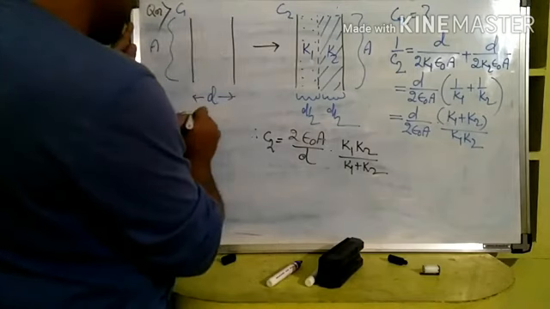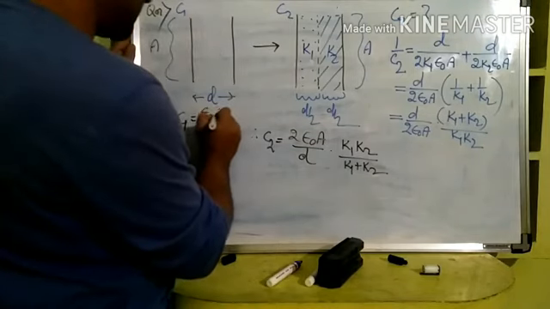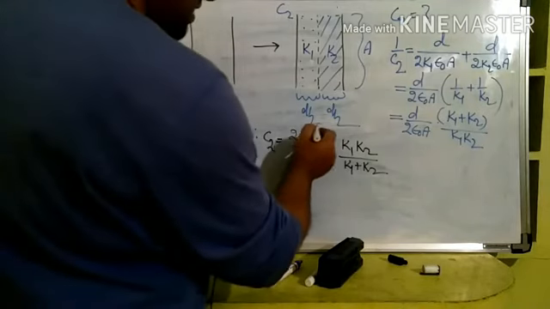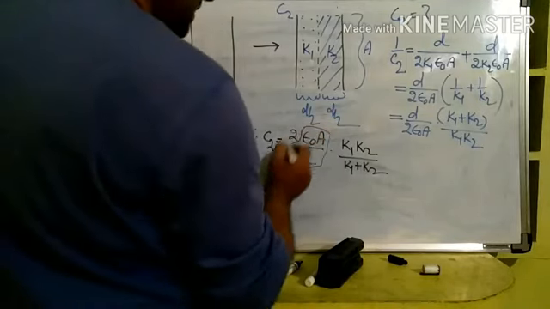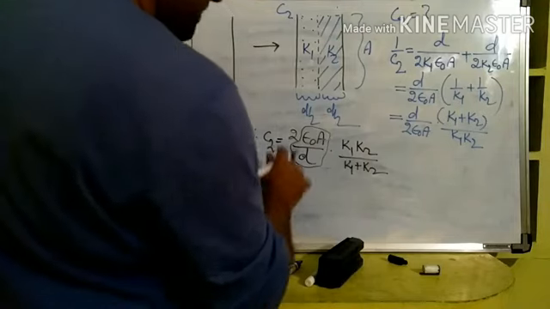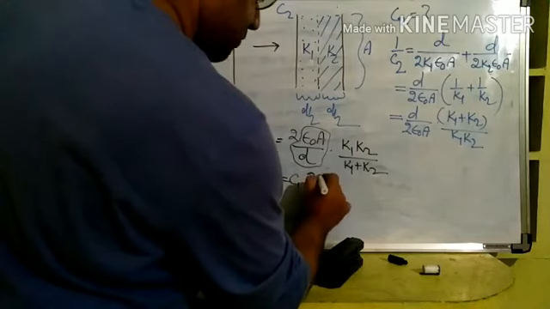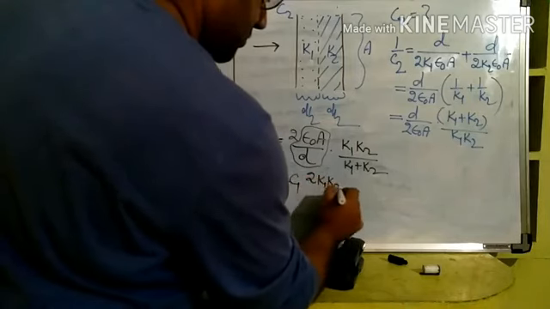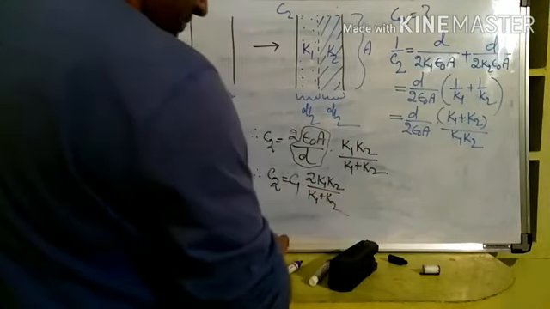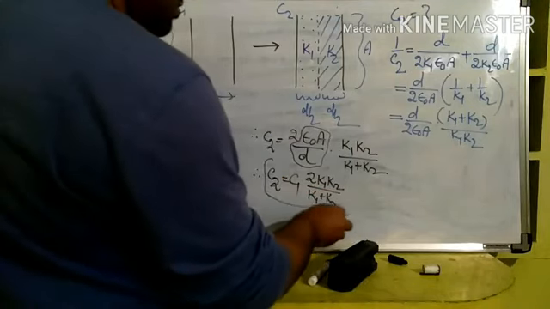C1 is simply epsilon naught A by D. This we know already, right? So for epsilon naught A by D, we can put C1. Therefore C2 is equal to C1 times 2 K1 K2 by K1 plus K2. So this is the answer to this question.